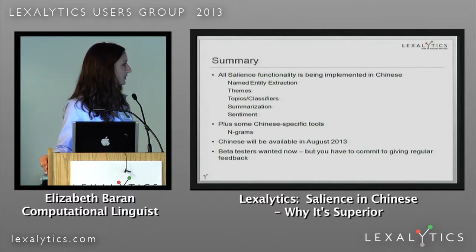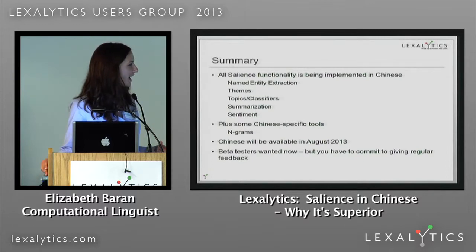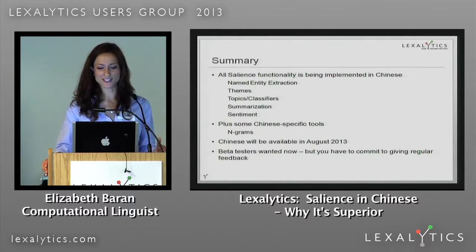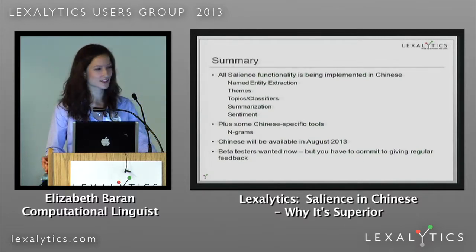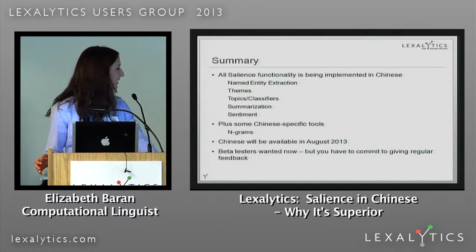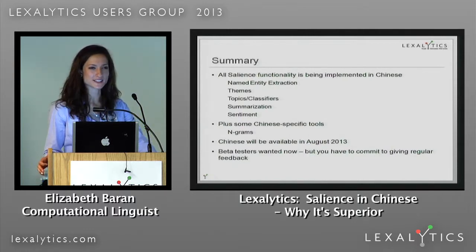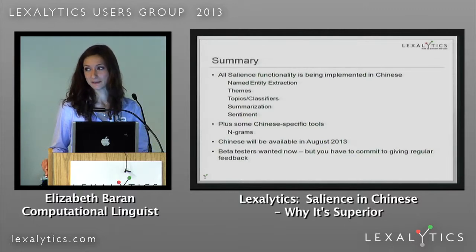But foreign names are easier, as well as Chinese names can be somewhat easy because there's a limited number of surnames, and they tend to be 2 to 3 characters long. But when you get to places and companies, or organizations more so, that's where it gets kind of difficult. But we're working on that, so stay tuned. Anything else?